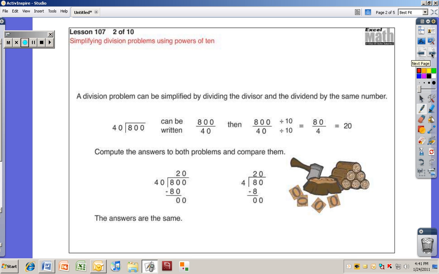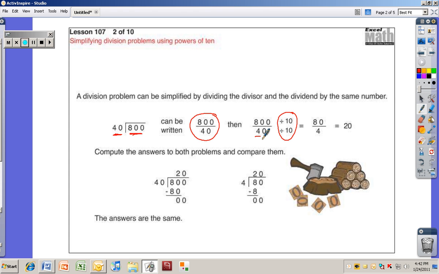A division problem can be simplified by dividing the divisor and the dividend by the same number. So 40 into 800 can be written like this, 800 divided by 40. Well, you guys know from finding equivalent fractions that you can multiply or divide the top and the bottom number by the same number, right?